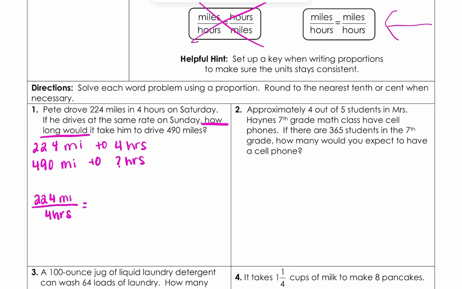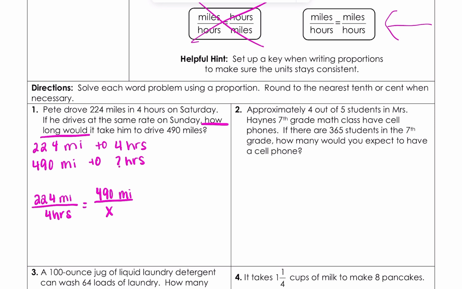Since I had miles at the top, I want to keep miles at the top. So looking at my second ratio, I have 490 miles. But we do not know how long it's going to take, and I don't have anything to put there. So this is where we apply our variable. I'm going to put x here. So this is our proportion, and now we just solve.